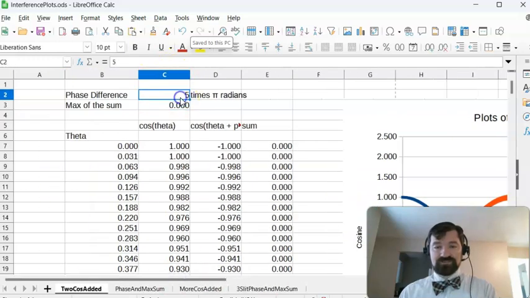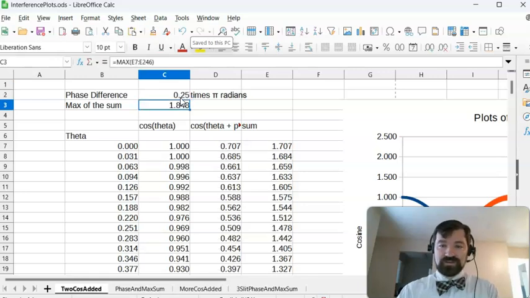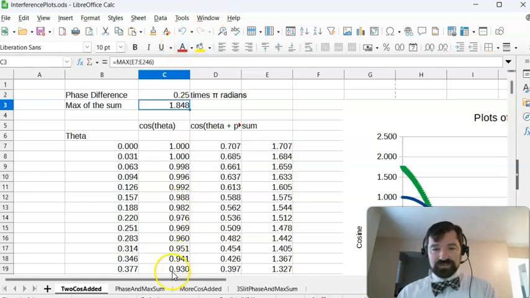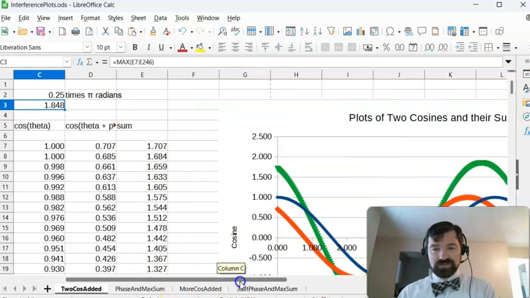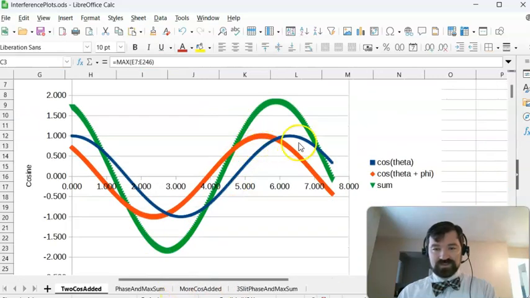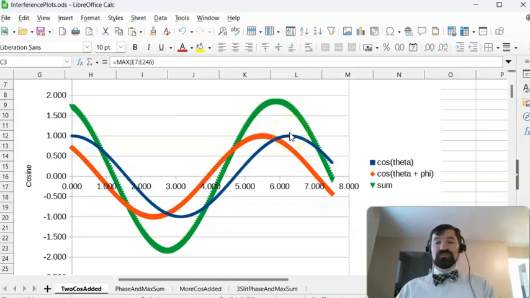And if I have some non-integer number, let's say like 0.25, essentially what that does is it shifts the two curves relative to each other. So these two peaks are nearby, but they're not in the same place. When they add together, you still get a taller overall wave, but it's not as tall as when they're perfectly overlapped.